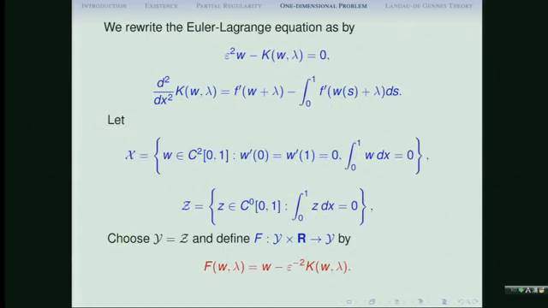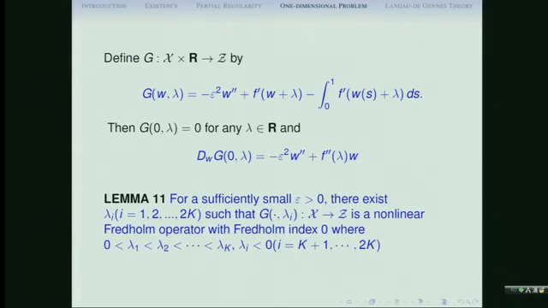I also define the function G as this, and then I differentiate. If you plug in w equals 0, then for any lambda, G(0, lambda) equals 0.